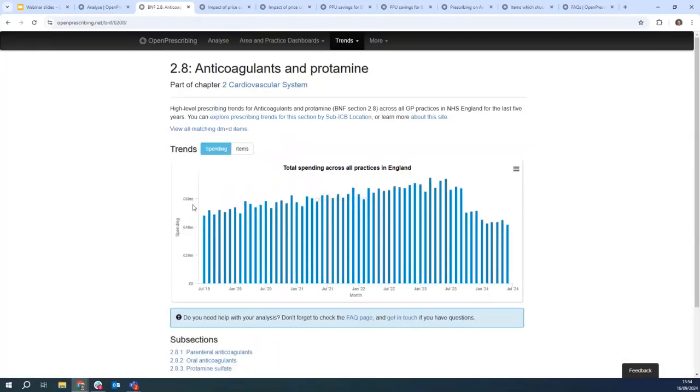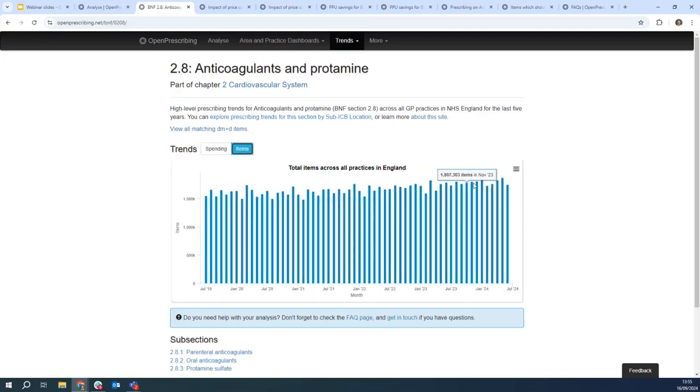Anticoagulants is probably one of the most interesting ones at the moment. Spend was going up and up, then as the new generic DOACs have come out, spend has dropped quite suddenly, by about 20 to 25 million a month. There's been a big drop in spend, and number of items has probably gone up if anything. So that helps you keep track.